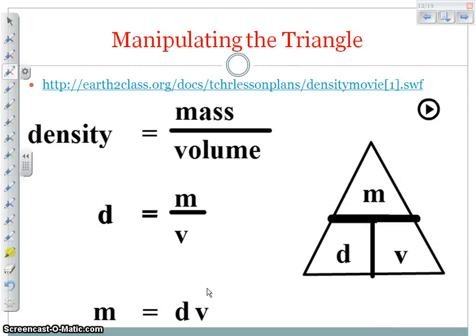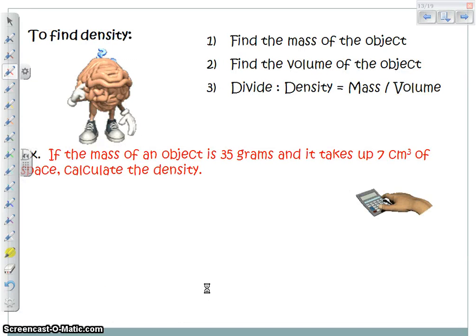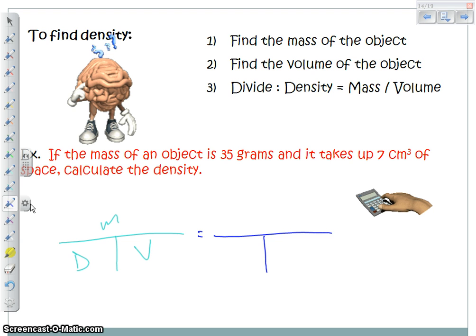So let's kick our way through a couple quick examples here. Basically, we're going to calculate the density of an object that has a mass of 35 grams. It takes up 7 centimeters cubed of space, and we need to find the density. The first thing I want to do is set up my triangle: density equals mass divided by volume. So let's plug in stuff. I know my mass is 35 grams.